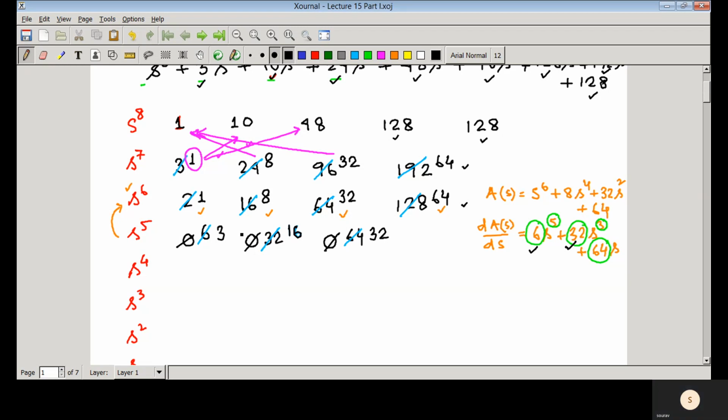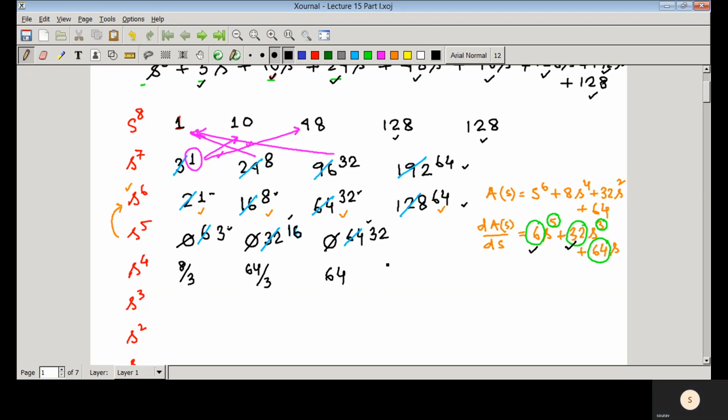Here the next term would be 3 into 8, 24, minus 16 into 1, that is minus 16, so 8, divided by 3, so we have 8 by 3. Similarly, here 3 into 32 minus 32 into 1 divided by 3, so you have 64 by 3, and you have 64.